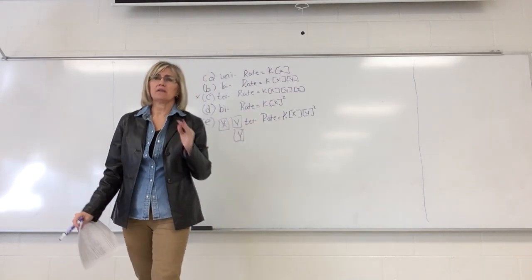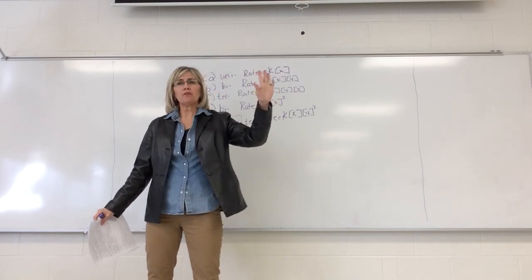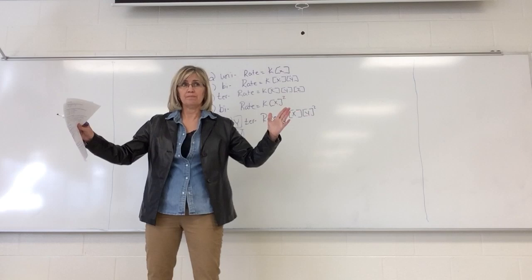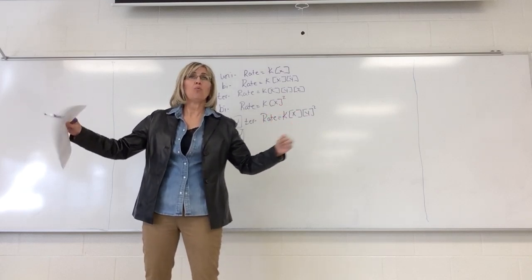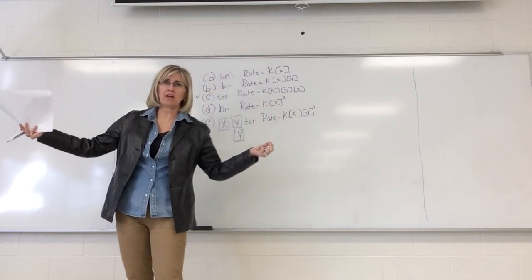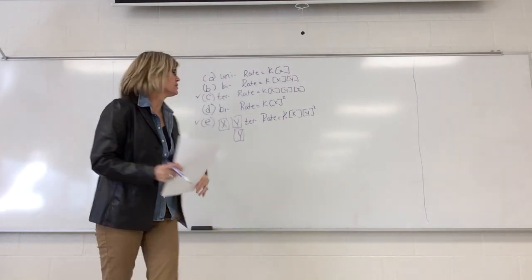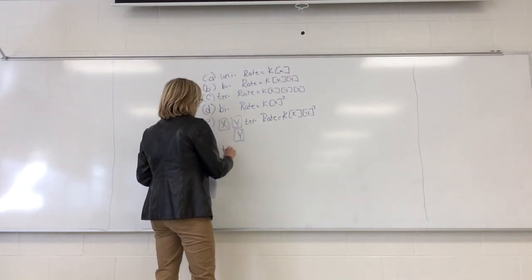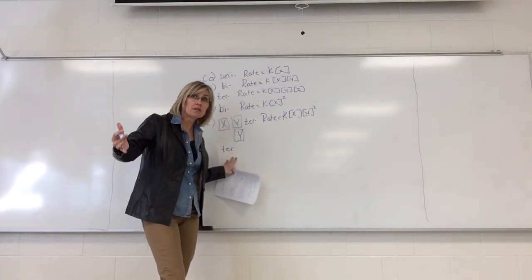Termolecular is not that uncommon. However, if the slow step is the first step, or it's one step, getting three molecules to all collide with the correct orientation, with the correct amount of energy is something tough to pull off. Not impossible, but a little tougher. So termolecular steps are the hardest to pull off because of the collision theory.